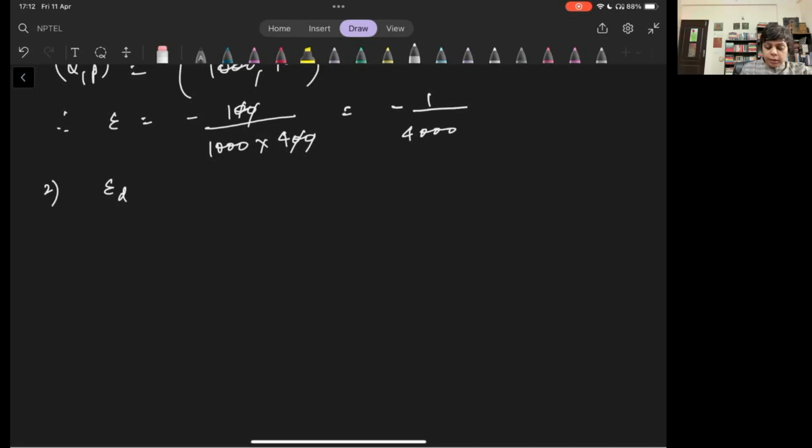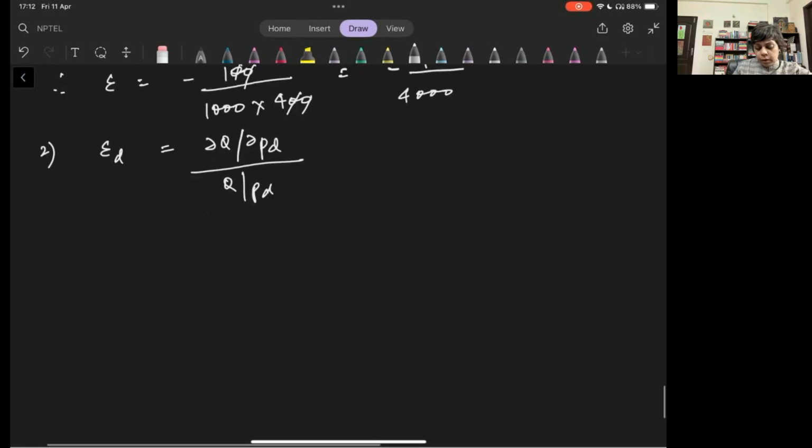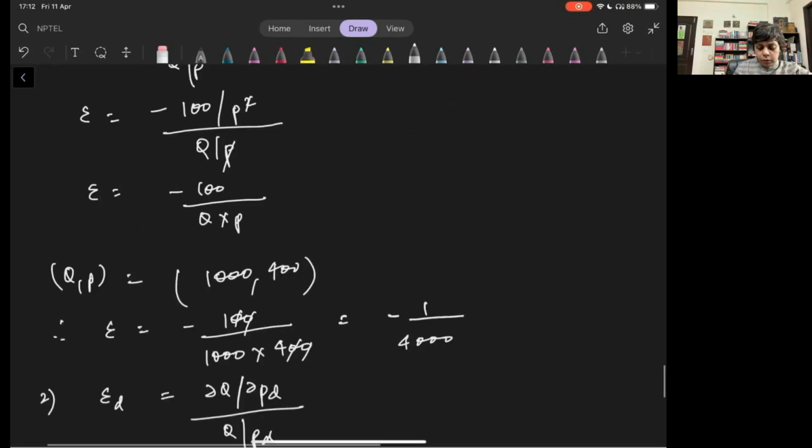Cross price elasticity means del Q by del PD, right, upon Q by PD, because we are taking it with respect to digital books.